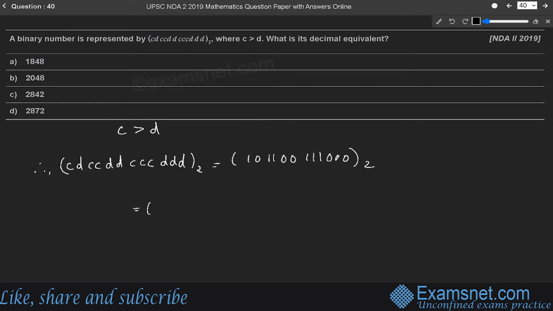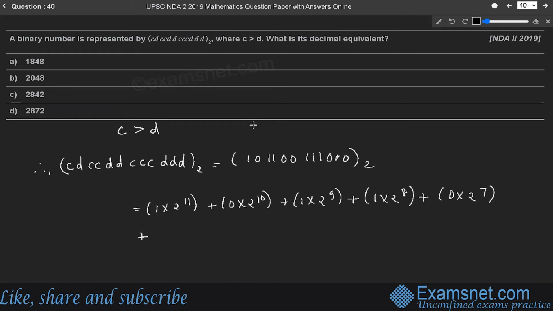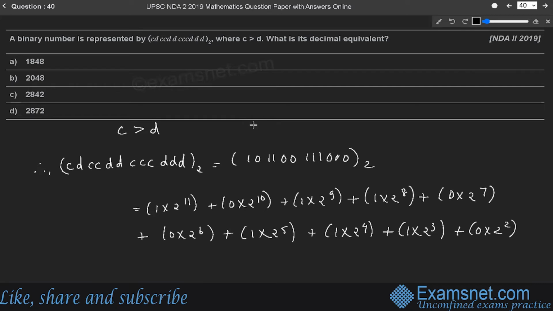Now, this can be further written as 1 into 2^11 plus 0 into 2^10 plus 1 into 2^9 plus 1 into 2^8 plus 0 into 2^7 plus 0 into 2^6 plus 1 into 2^5 plus 1 into 2^4 plus 1 into 2^3 plus 0 into 2^2 plus 0 into 2^1 plus 0 into 2^0.